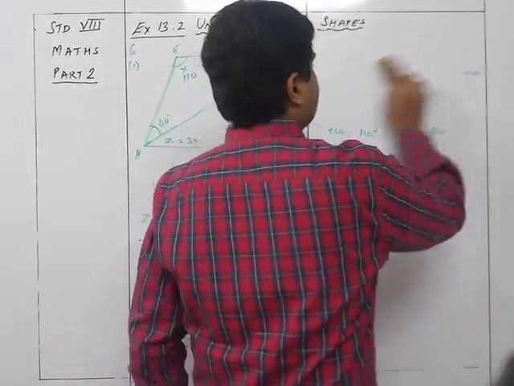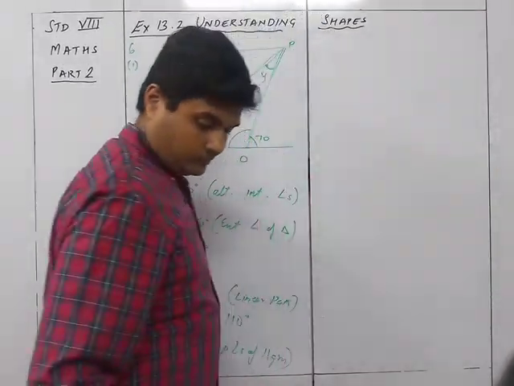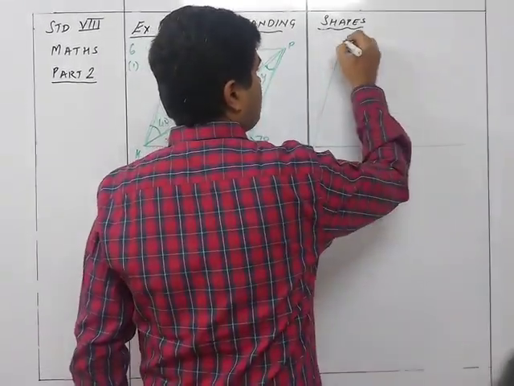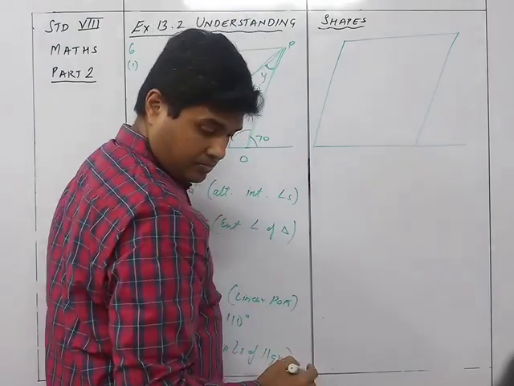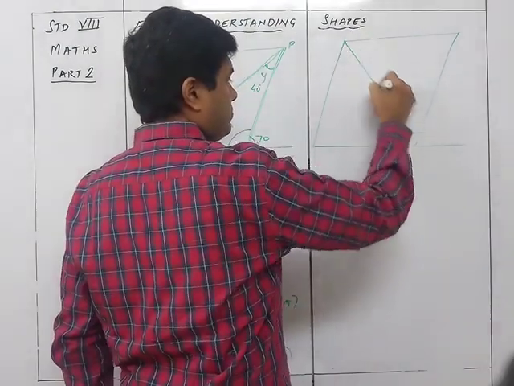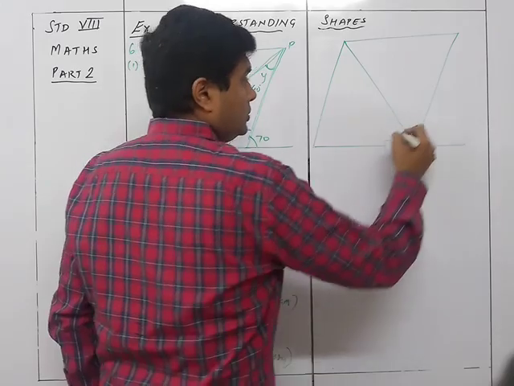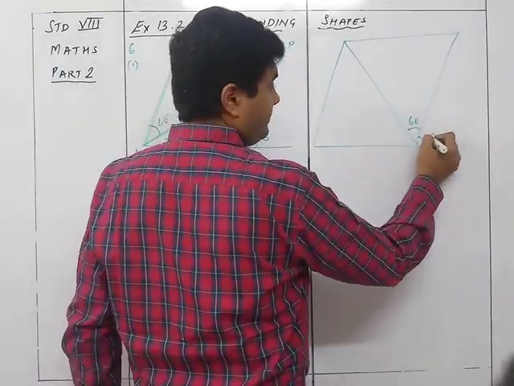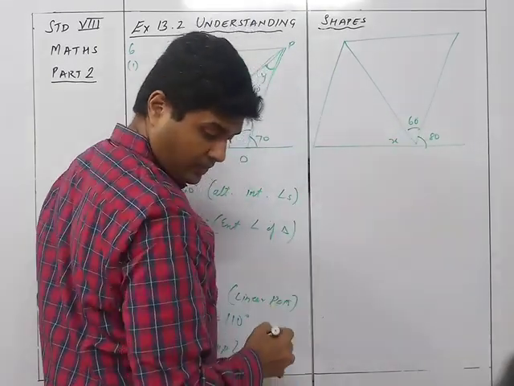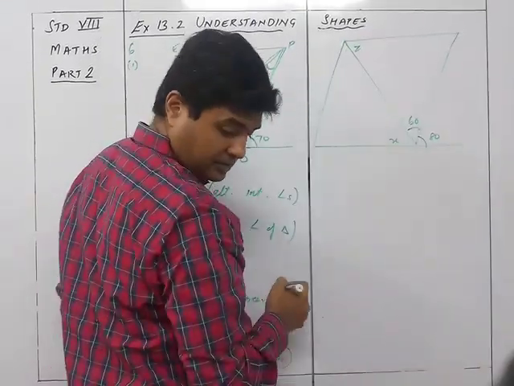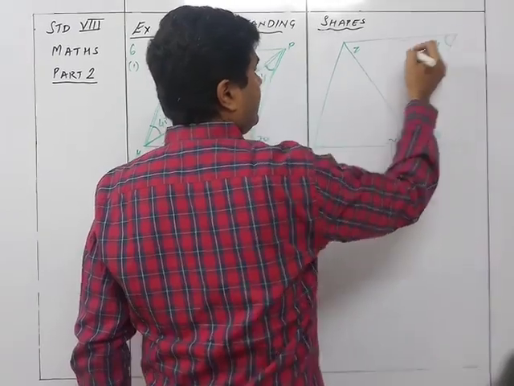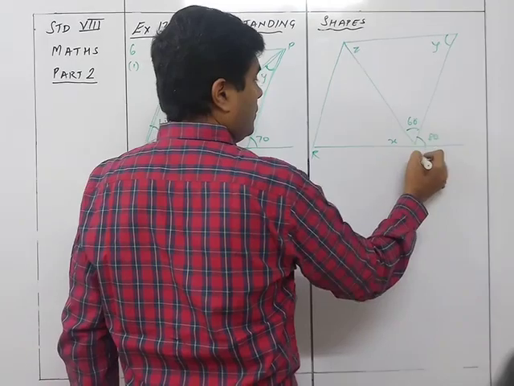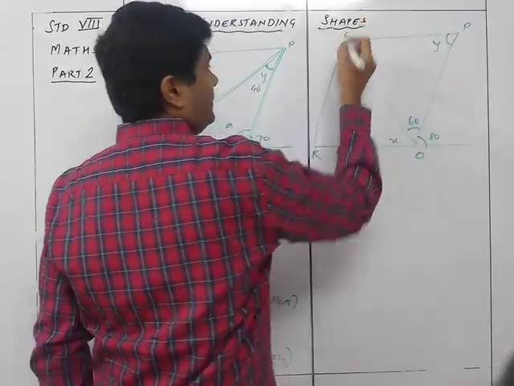We now see sum number 6, the second. Again, this is 60, this is 80, this is X. This is Z, this is Y, this is ROPE, R-O-P-E.